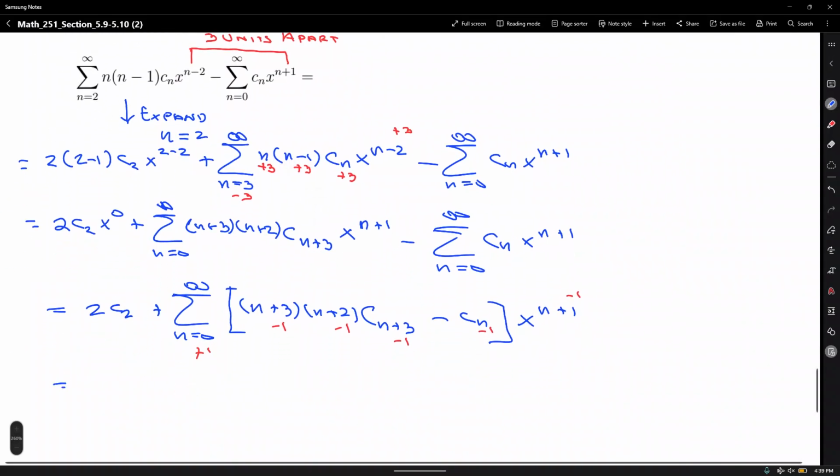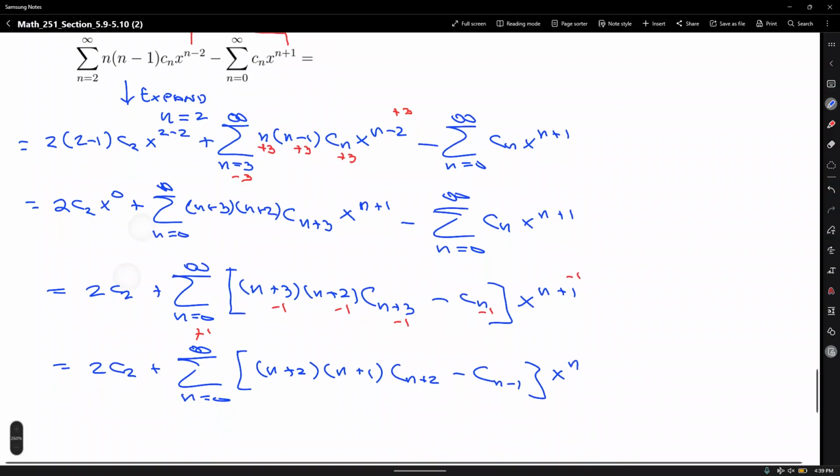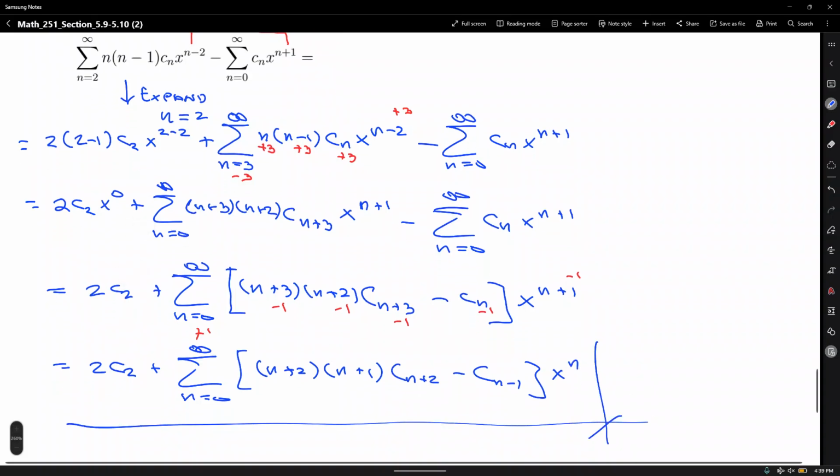So that'll make it equal to 2c2 plus the sum from n equals 0 to infinity of (n plus 2)(n plus 1) c sub n plus 2 minus c sub n minus 1, x to the n. Final answer. N equals 1. Oh, yes, yes. Thank you.